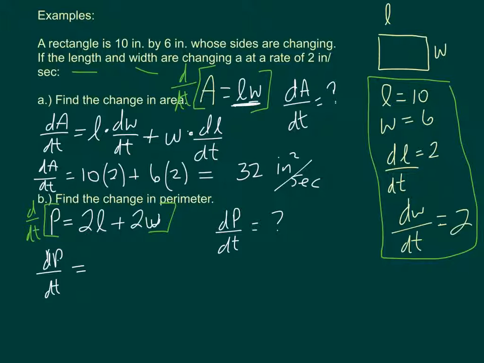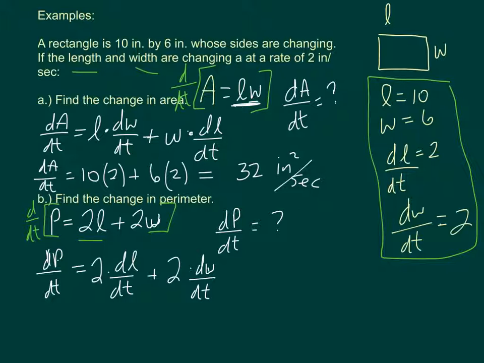Okay, so now over on the next part, the derivative of 2L is going to be 2 times dl dt. Plus the derivative of 2w would be 2, but since these variables don't match, this is going to be dw dt.